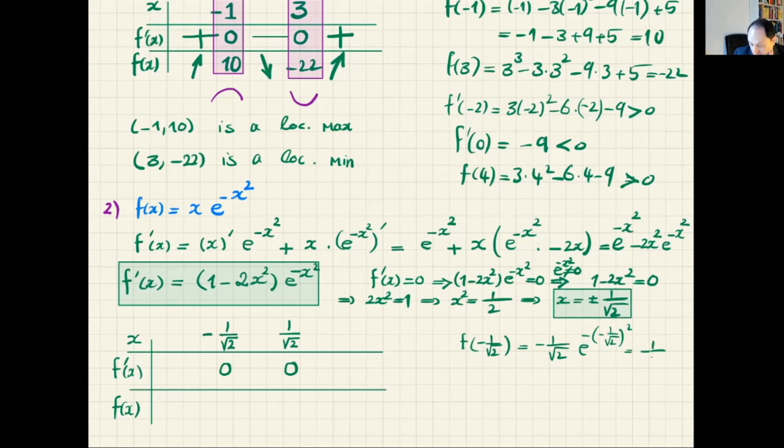Minus 1 over the square root of 2, and that is 1 over 2. So it becomes e to the power minus 1 over 2. Let me write it more beautifully. So it becomes minus 1 over the square root of 2. I will bring it down. It becomes positive, and then it becomes the square root of 2, and then the square root of e. So it becomes minus 1 over the square root of 2e.